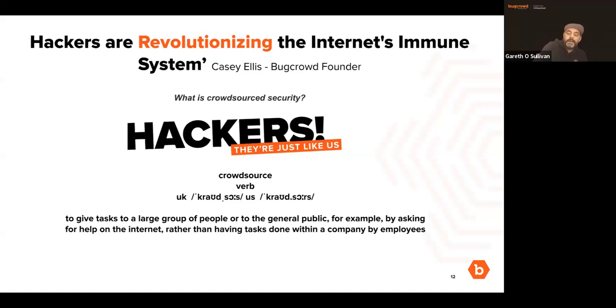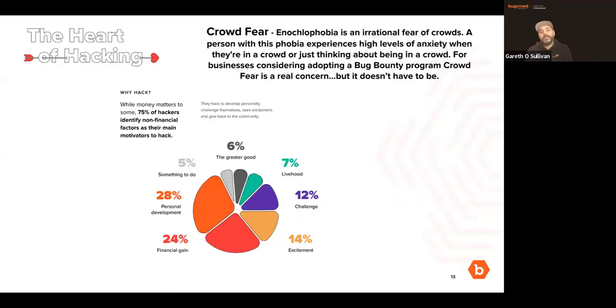Hopefully crowdsourced security is somewhat clear based on some of the slides that we've covered already. But regardless, we do sometimes hear of this notion of crowd fear. Crowd fear comes up from time to time with customers or organizations not really getting a good understanding of how bug bounty programs are put together and how they're managed.